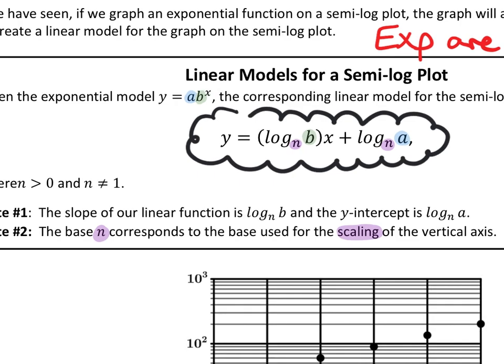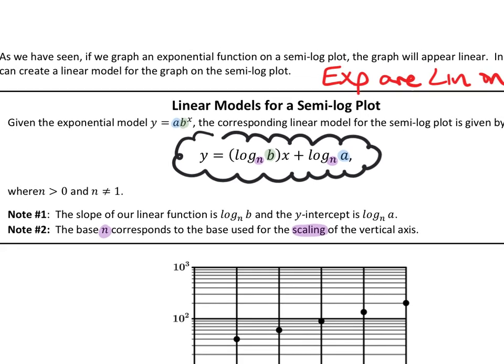But if we notice, the slope of our linear equation is always in front of the x value. So this term right here is our slope, is our m. And our y-intercept, which is always by itself in a linear equation, is added at the end. I'm not going to write y equals mx plus b on here because we've used a b already. But what we can do is remind ourselves that this is y equal to the slope times x plus the y-intercept.